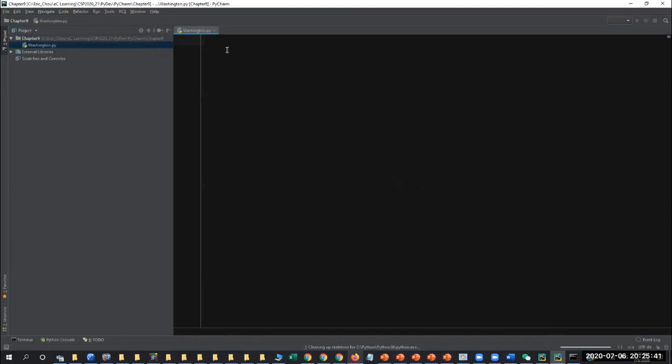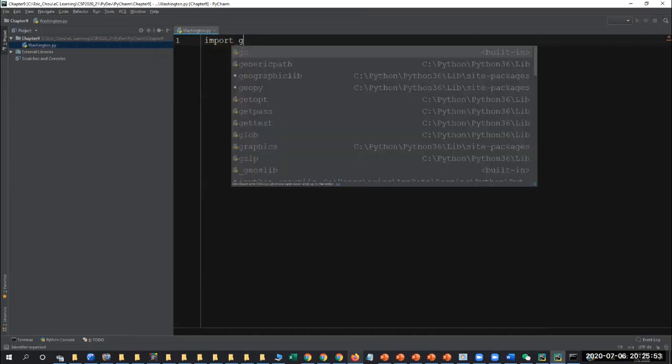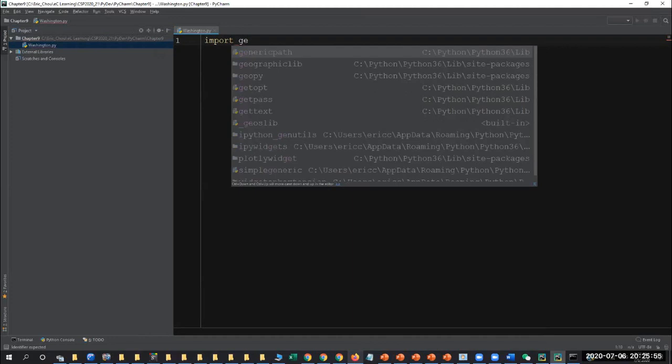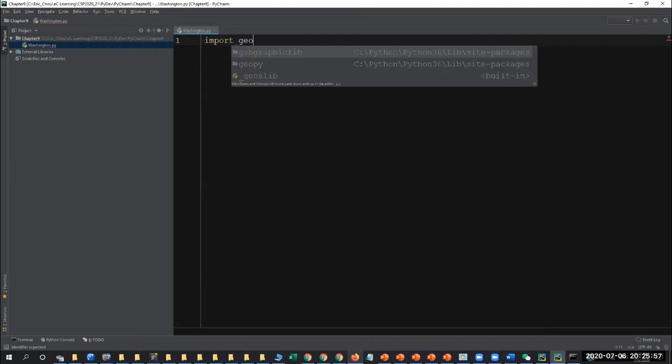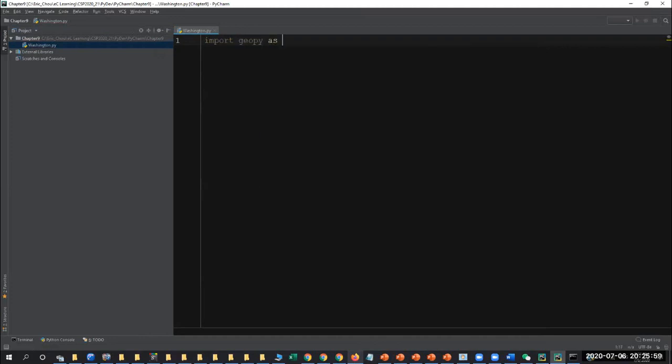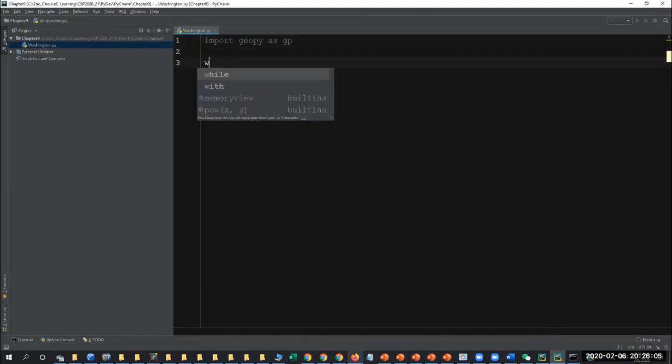So Washington, the Python from GeoPy. That's actually not using this one; I'm trying to teach you to import only part of a package. So here let's try GeoPy as GP. From that we import this one, and we are going to do Washington.